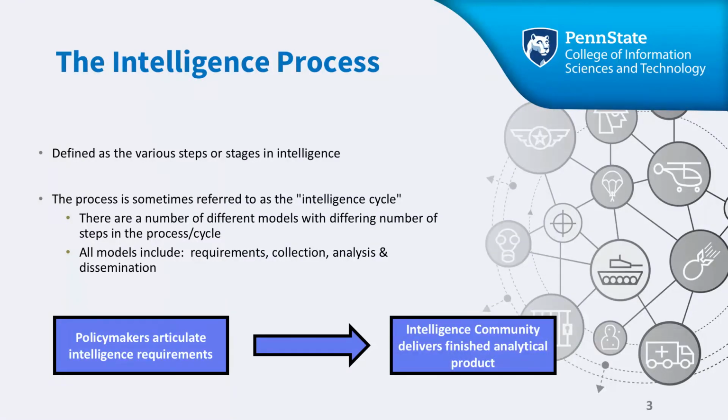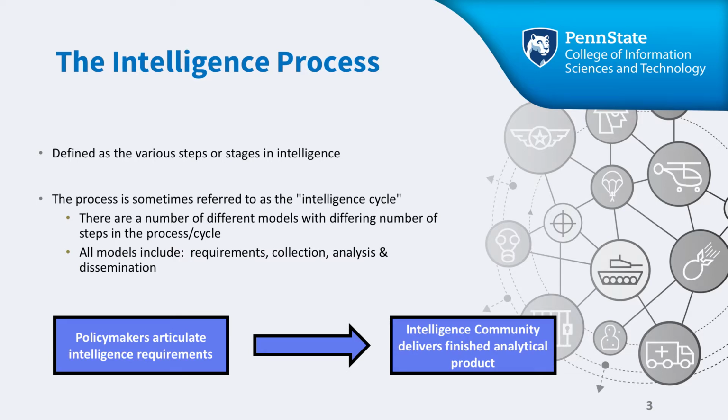The process of intelligence is defined as the various steps or stages that start from when it is decided that a problem needs to be addressed, or some intelligence needs to be collected and analyzed, and it goes through various steps and finishes with the production of ultimately a finished analytical product.